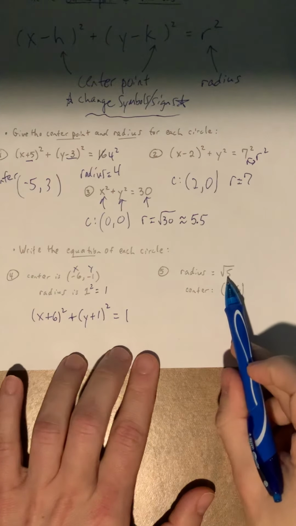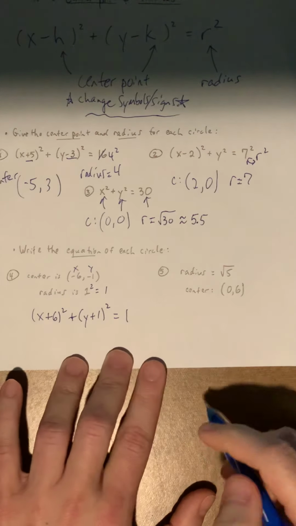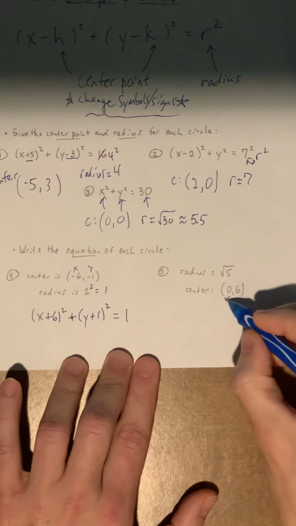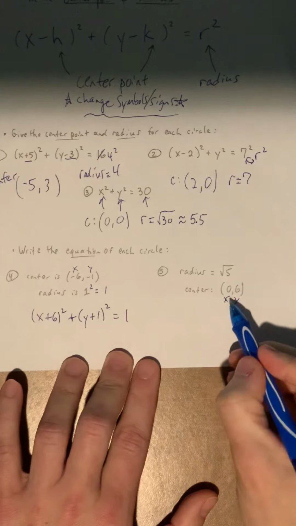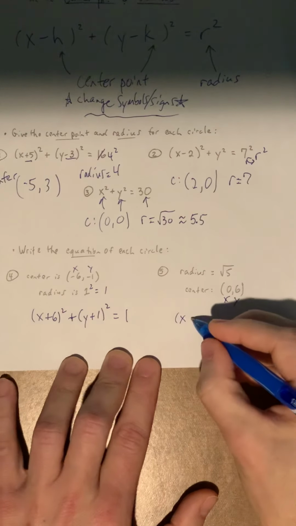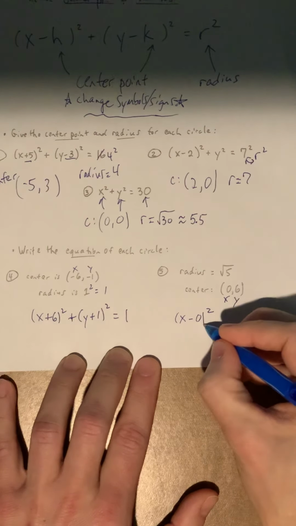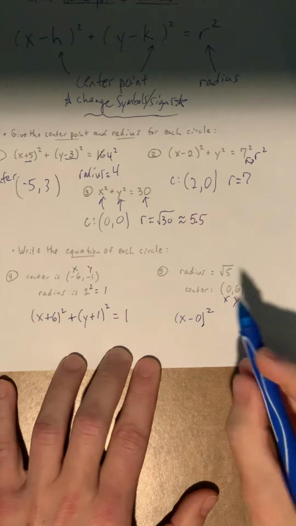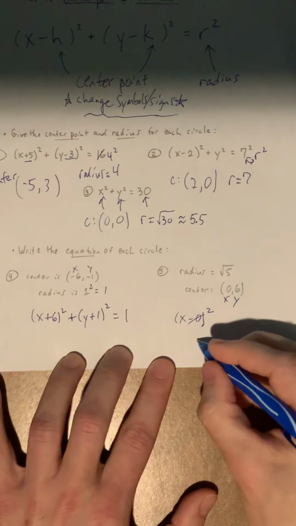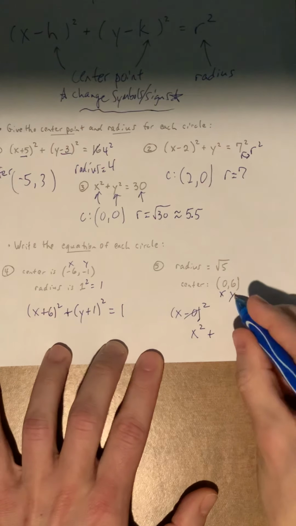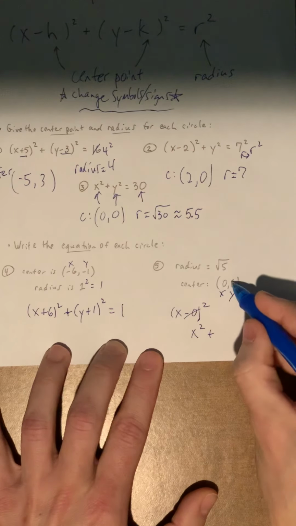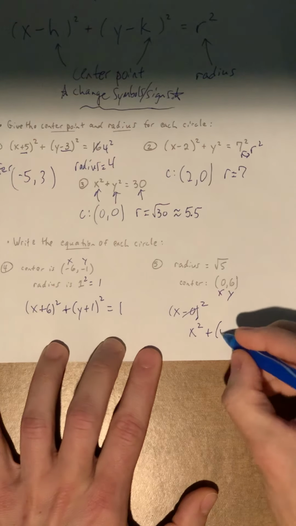Radius square root of 5, center at 0, 6. Okay, so here's your x and y numbers in there, in those parentheses with the x and y variable. Now, if you put the 0 in, it's x minus 0 squared, but you want to simplify. You don't write this, so you just write x squared. And plus y, remember, this is going to change to a minus 6 in here.